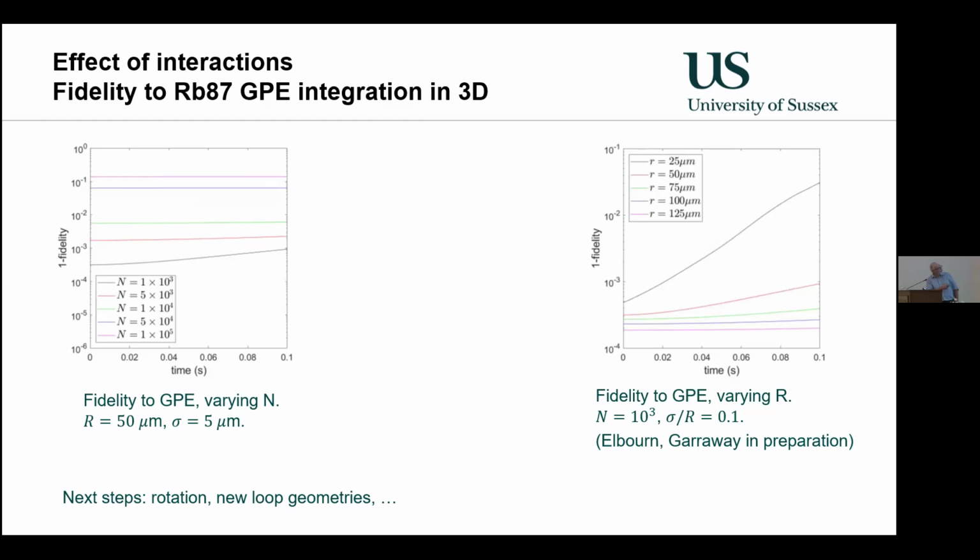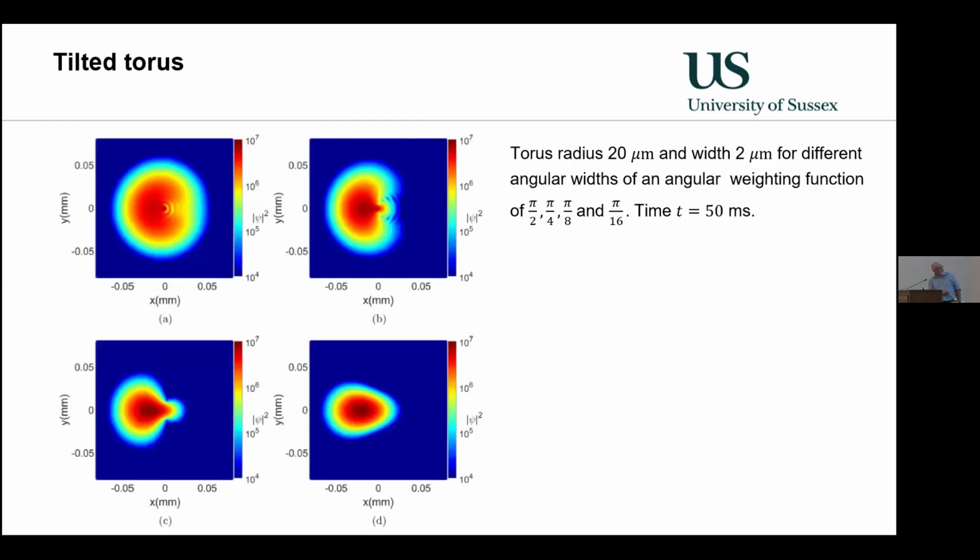So for some small numbers of atoms, it's actually quite good. You can see what's going on here, that basically the repulsive interactions disturb this approximation of the Gaussian functions that we're using.